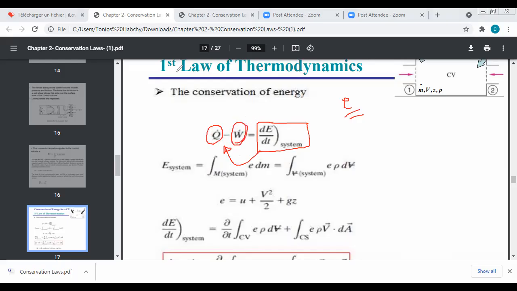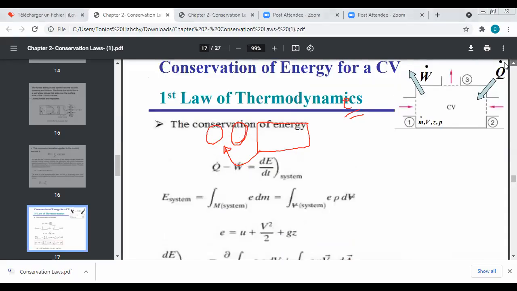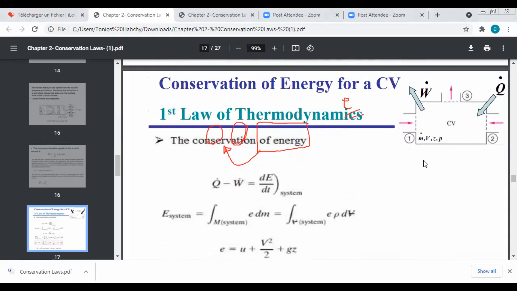Now, if I represent my control volume, I can say that my system will exchange energy in terms of heat or in terms of rate of work, or power. The convention used here for the sign is the following.